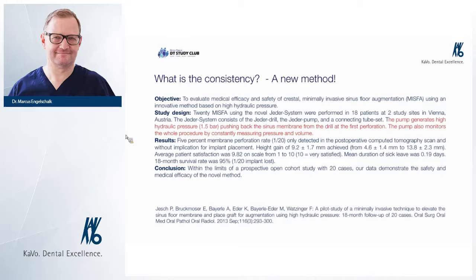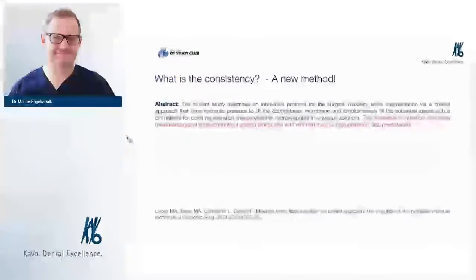And now we have a perfect way to lift the membrane, because we don't lift it by instrument, we don't lift it by balloons, we lift it by liquid. It's very easy, because it will spread out very easily, and it will lift the membrane without any traumatization. At first we create something like a hill, and then it will flatten out, because it works by the physical laws of Pascal.